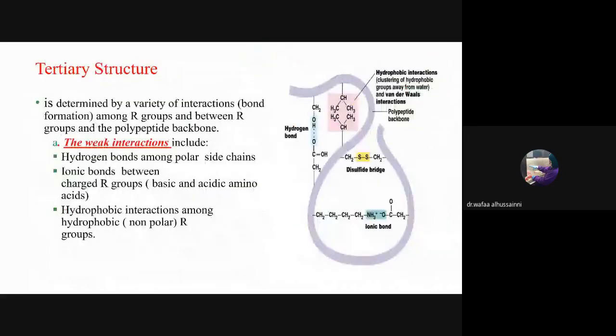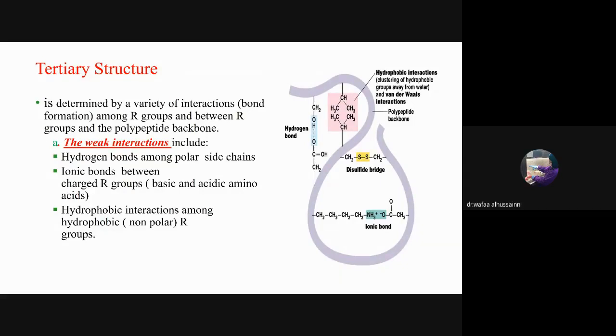Let's move to the tertiary structure. A tertiary structure is determined by a variety of interactions. So this has bond formation between the R groups, and the polypeptide backbone.